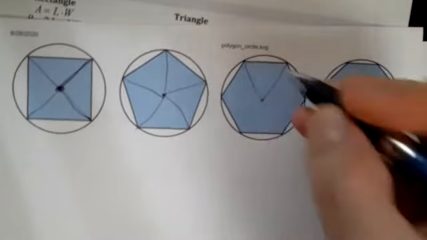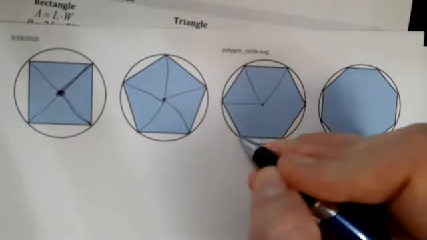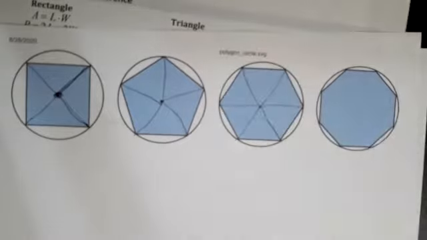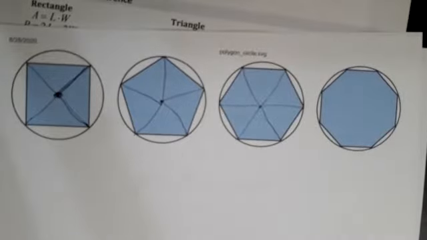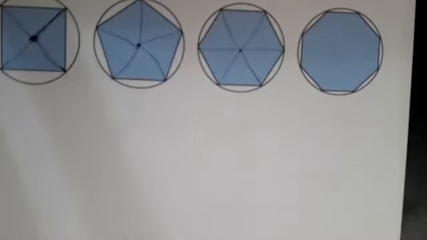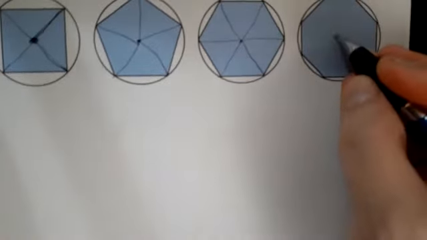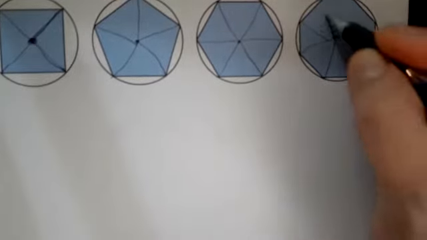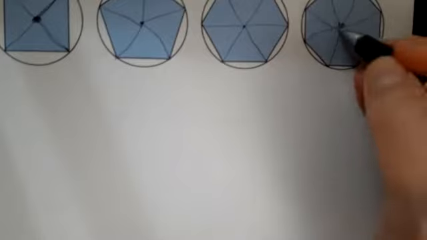But they also noticed something else. The more sides you get, the more it's starting to look like that circle. And so we can fill these circles with these shapes. And part of the reason why I think Eudoxus didn't get this is that we're making an argument about infinity, right? We can fit infinitely many triangles into the circle.